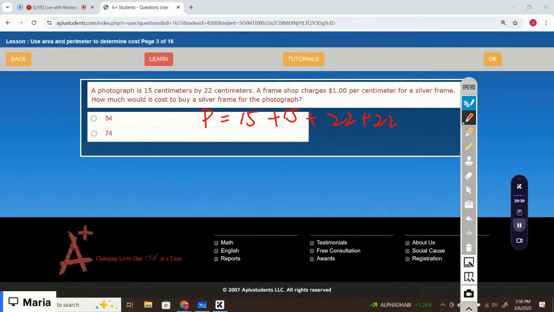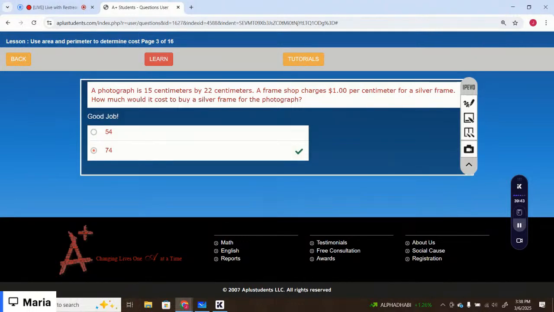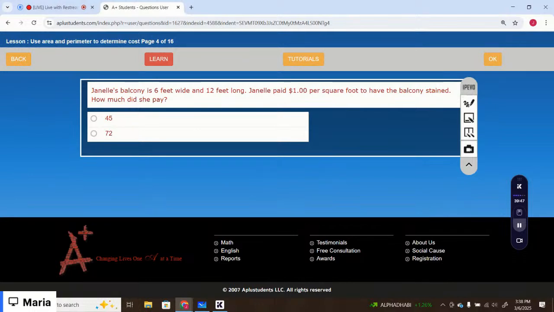Very good. 74 it is. Option number 2 is the correct option. Janel's balcony is 6 feet wide and 12 feet long. Janel paid $1 per square foot to have the balcony stained. How much did she pay?